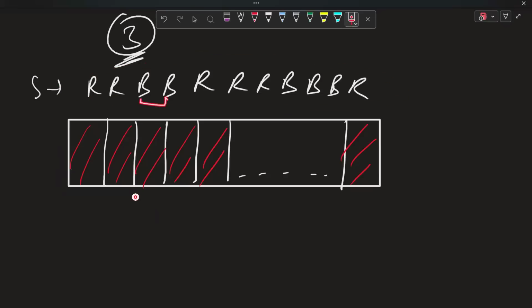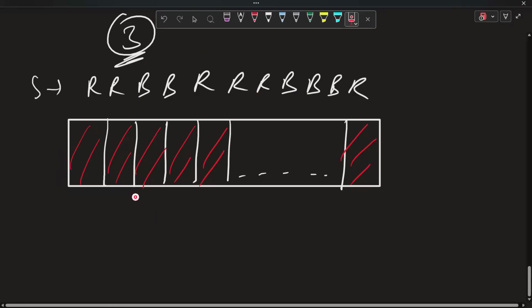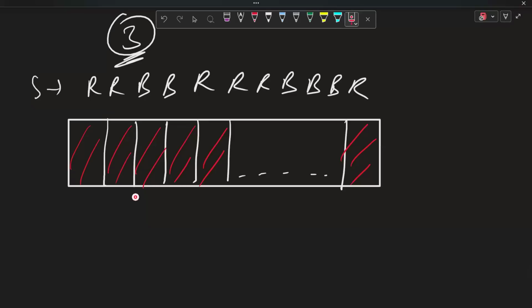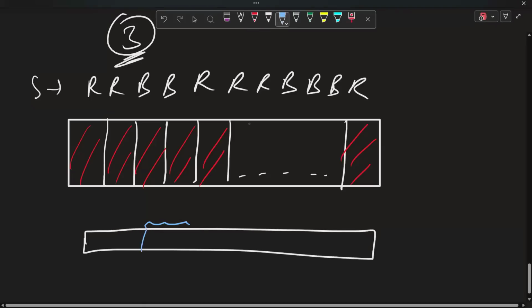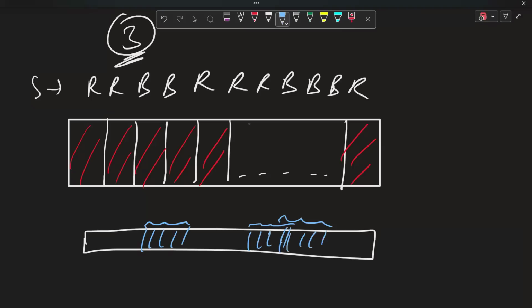Then the next two need to be blue, then some patches of red, then some patches of blue. So you'll just see how many groups of blue we have. Whenever you do the operation on a strip which is all red, you'll select some segment and paint it blue. Again, you'll select some segment and paint it blue. You may also select some overlapping segment and paint it blue.